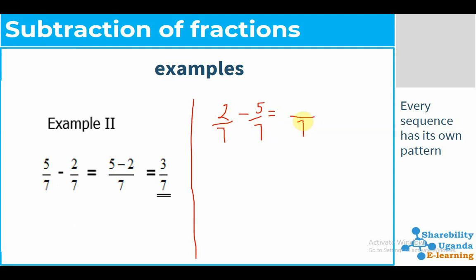So here we just write a 7. Then we ask, what is 2 minus 5? What shall we get here? We have 2 minus 5, which is not possible in the usual way, but 2 is positive and 5 is being subtracted. It is like you have a debt of 5, but out of the debt of 5 you already have 2.